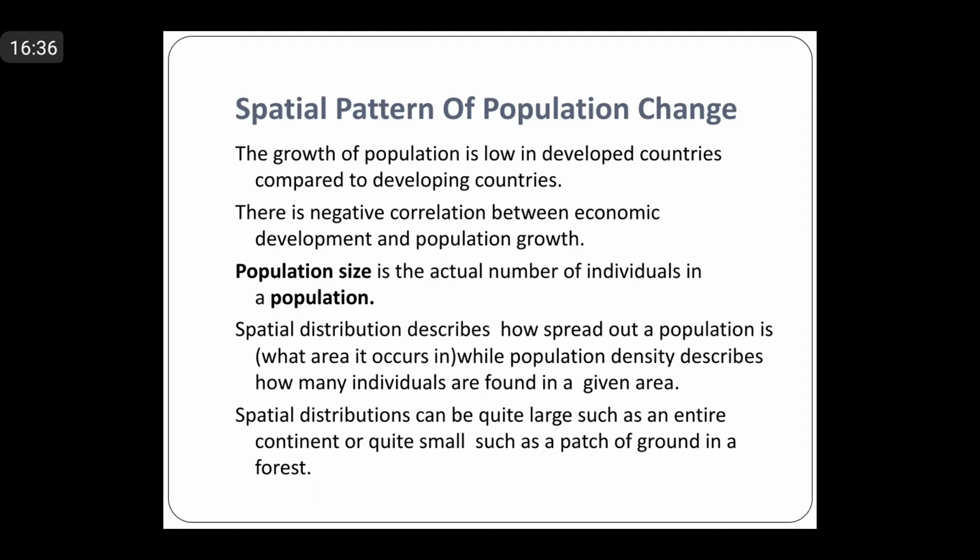It means how spread out a population is. Right. Now, I can tell you something about this spatial pattern, that the growth of population is low in developed countries compared to developing countries, and I have explained to you how and why.